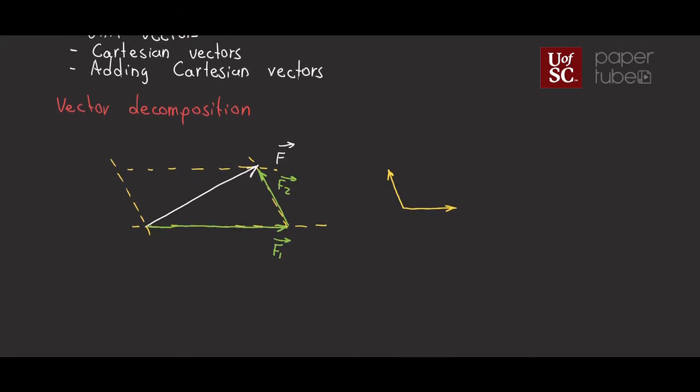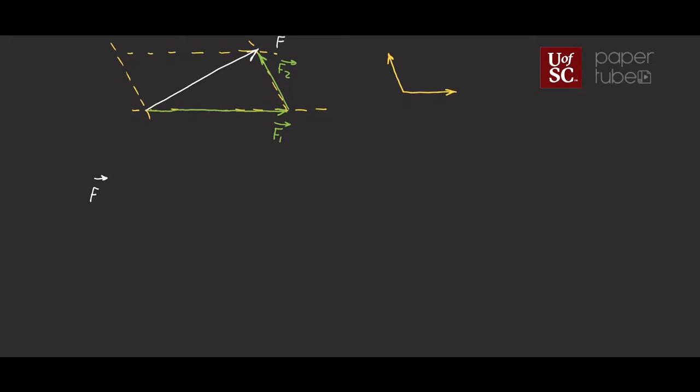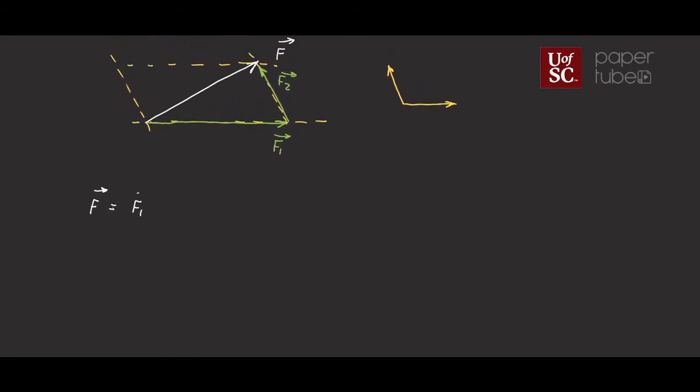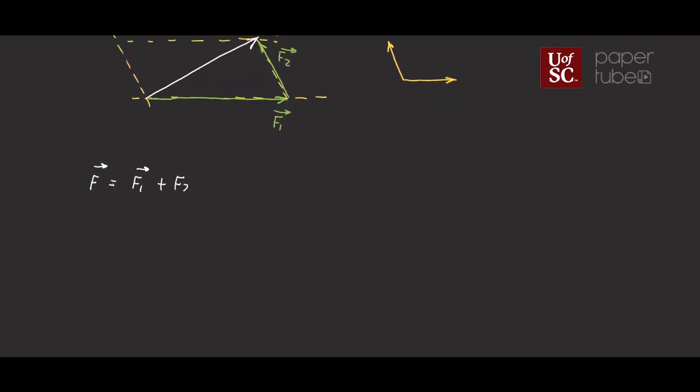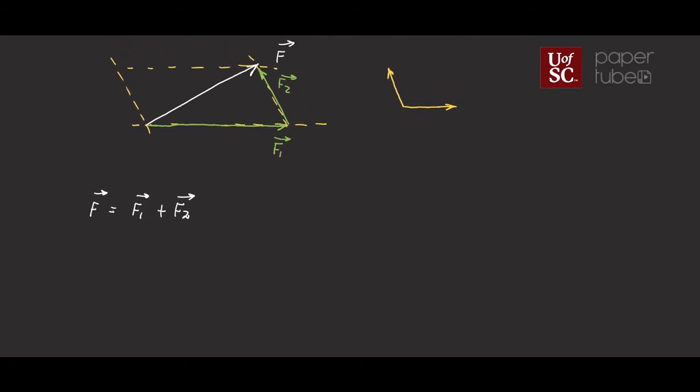Now I'm saying that my vector F is equal to F1 plus F2. I've broken down, or decomposed, that vector F into two vectors given specific directions.